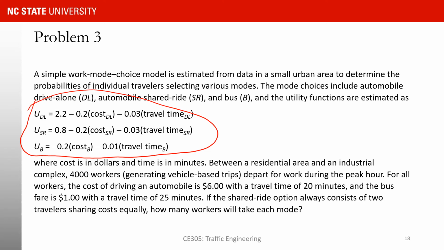So what we need to do is to find the utility values for each of those, find the probabilities. Actually, it asks about the number of people that are going to take each mode. So you need to multiply those probabilities by the total number of people there, which is 4,000 workers. So let's do that.